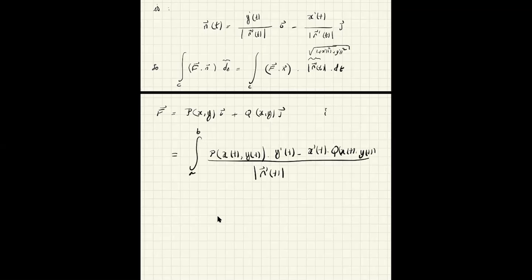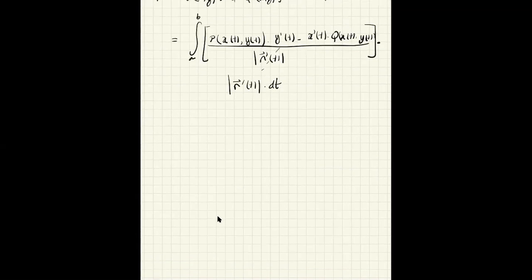And the whole thing multiplied by the norm of r prime t dt. Now you can cancel out these two. We're going to drop the notations here. So it's the integral from a to b of p times y prime of t minus x prime of t times q, dt.